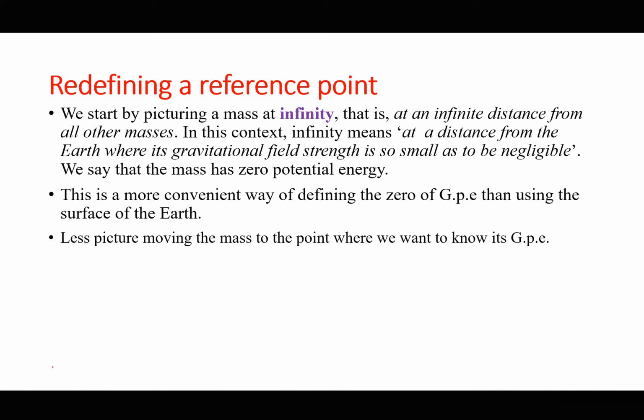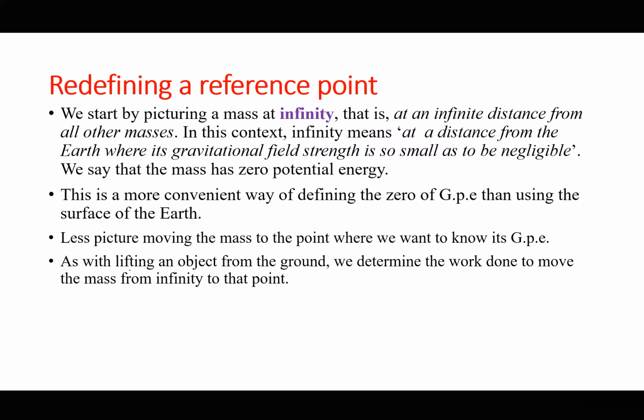If we picture moving the mass to a point where we want to know its gravitational potential energy, as with lifting an object from the ground, we determine the work done to move the mass from infinity to that point. Just like we determined the work done in lifting an object from the Earth's surface to a certain height.